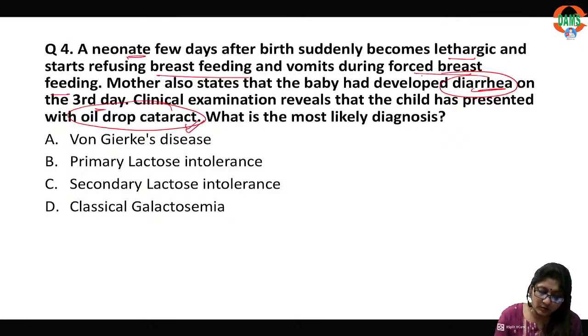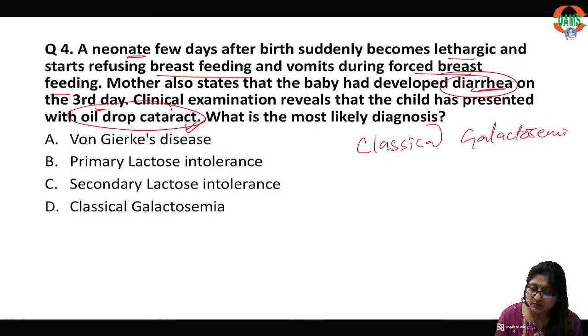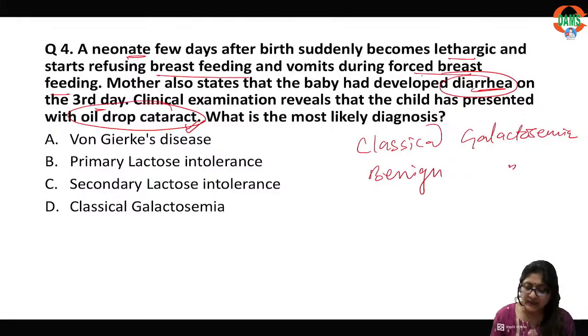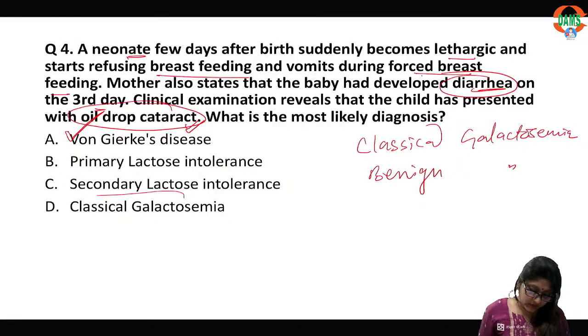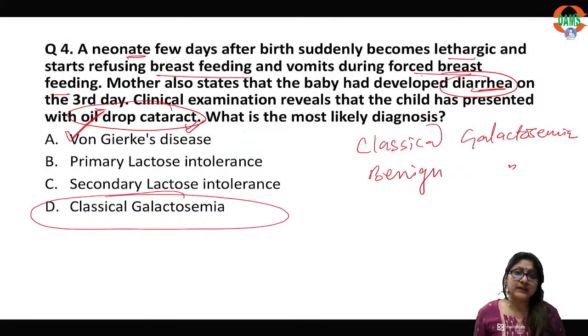The oil drop cataract is a strong hint here, and that is seen in all types of galactosemia, whether it is classical galactosemia or even benign galactosemia. Even in benign galactosemia, you find this oil drop cataract. So the answer for this question is going to be classical galactosemia.